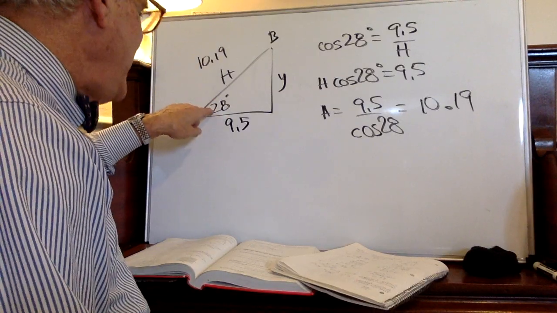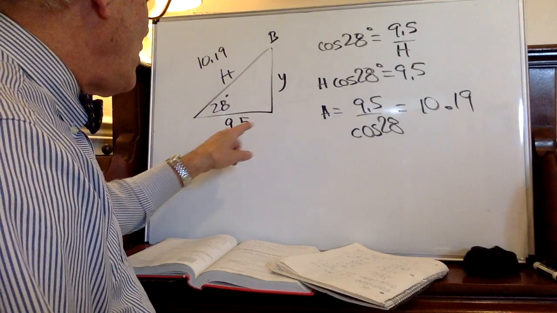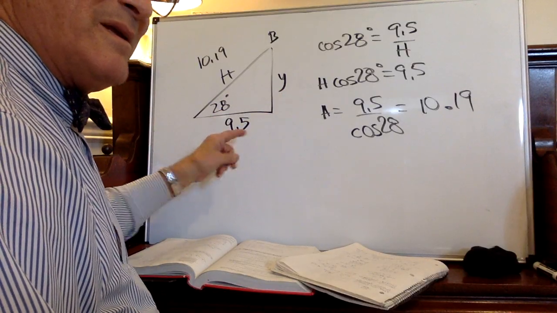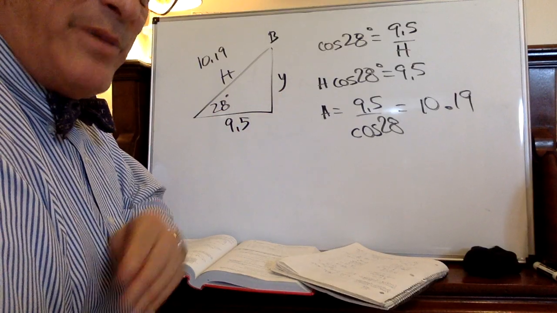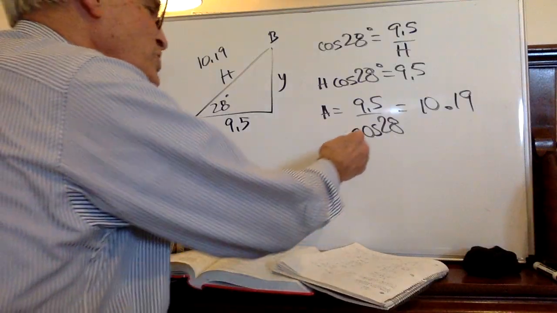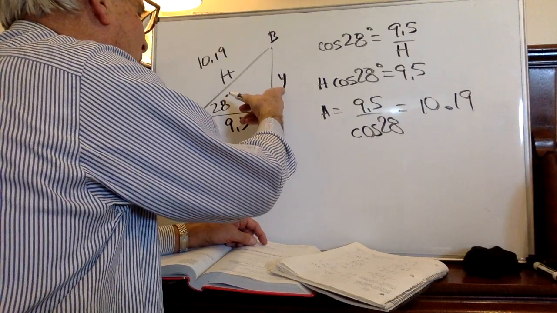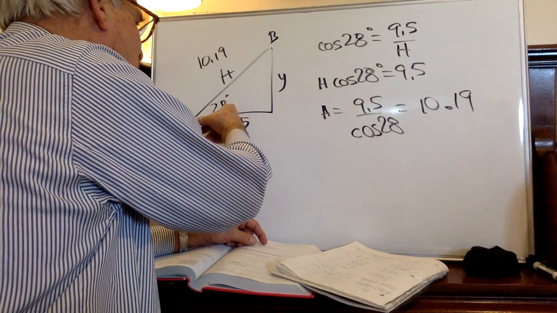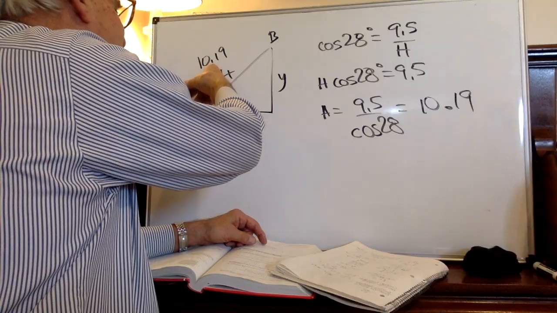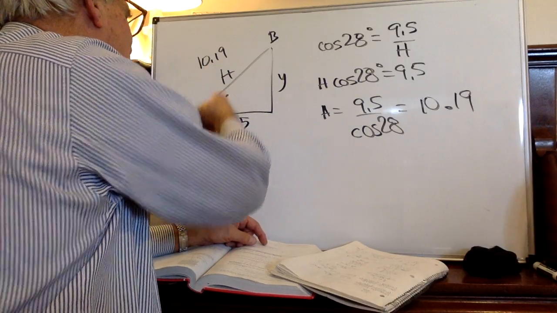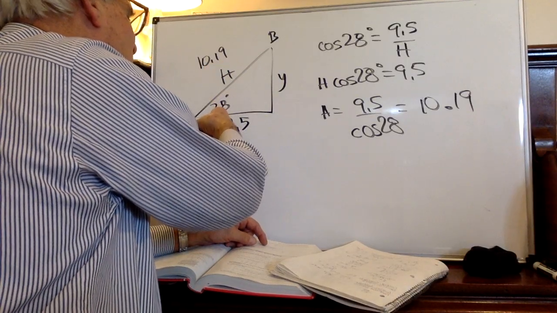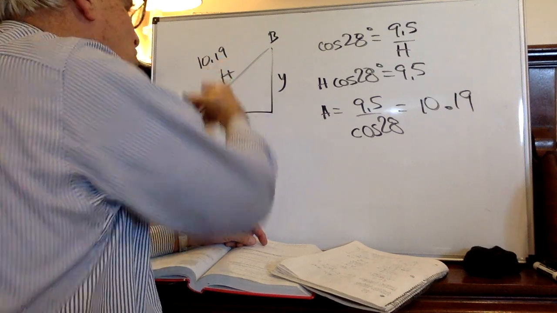Or the tangent of 28 is y over 9.5. Either or, you're going to get the same answer. So again, once you have solved for side h, I can then find y by using the angle 28 and that side and that side. The sine of 28 is y over 10.19.